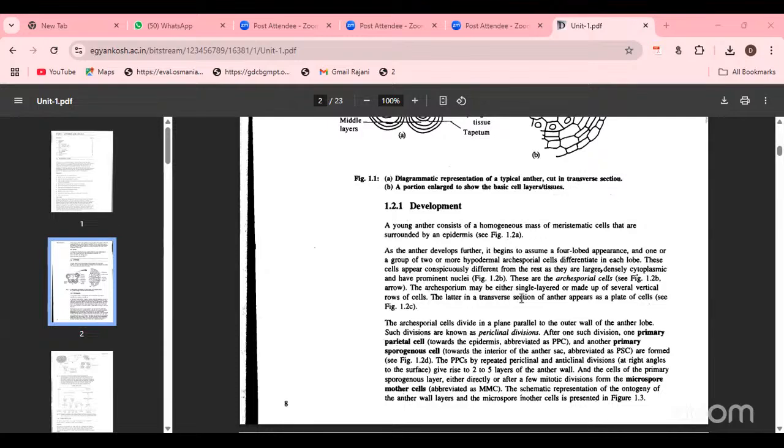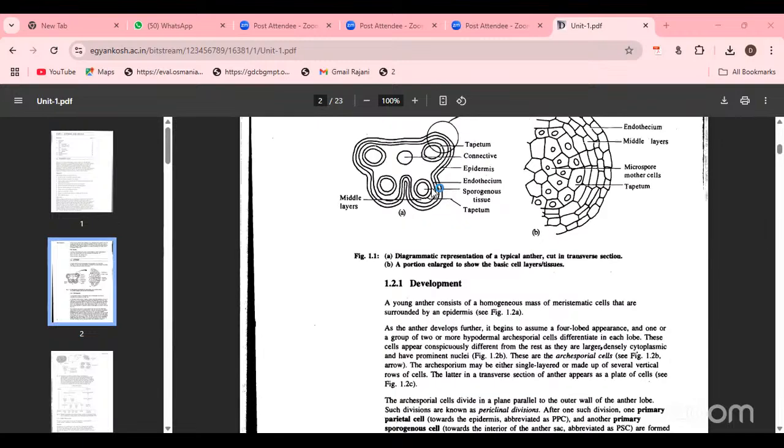Here it consists of a homogeneous mass of meristematic cells that are surrounded by the epidermis. See the anther transverse section, you can observe the four-lobed structure where the epidermis is there. In that epidermis, the homogeneous meristematic tissues are present. As the anther develops further, it begins to assume a four-lobed structure in appearance.